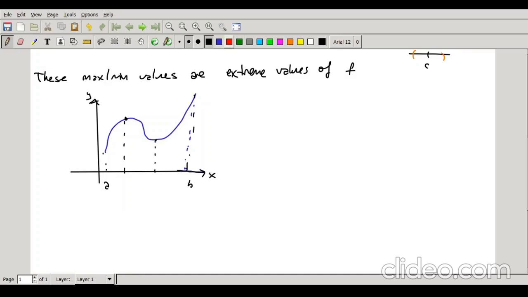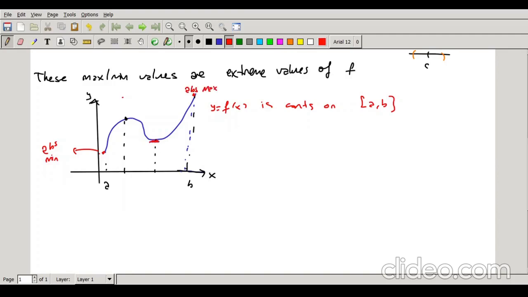So since y is equal to f of x is continuous on AB, obviously, we call that point the absolute minimum, because when you compare the whole interval, it is the smallest, and that point is our absolute maximum.